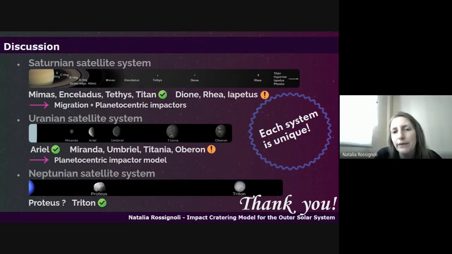Well, the thing with the outer Uranian satellites is that Voyager 2 was able to image small portions of their surfaces. And we are assuming that those small portions and those crater counts for the small portions are representative of the whole surface. That is why we would need to go again to these systems, because it's really interesting to know if actually these surfaces all look like that, or maybe you have a different type of terrain for the part that was not imaged.